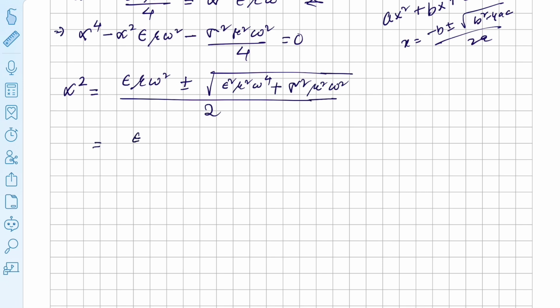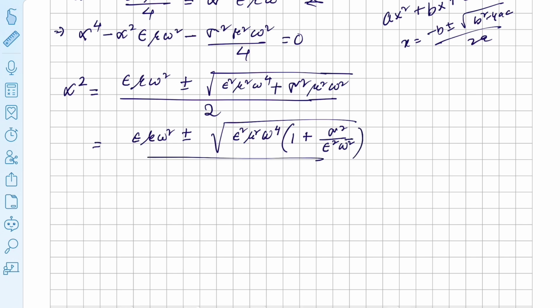So now you see, we can take epsilon square mu square omega to the power 4 common. Inside it we're going to get 1 plus sigma square by epsilon square omega square, divided by 2.